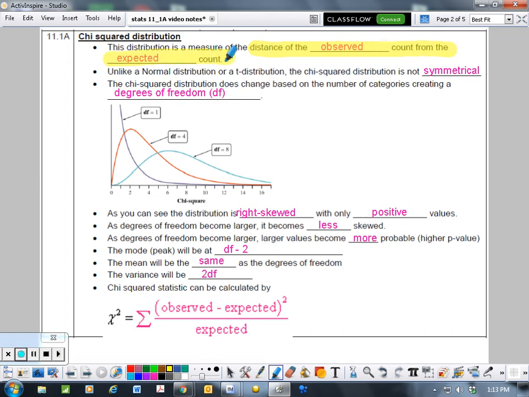Unlike a normal or a t-distribution, this distribution is not symmetrical. In fact, the chi-square distribution will change based on the number of categories, which creates the degrees of freedom. We're not going to be looking at the number in our sample anymore for degrees of freedom. We're going to be looking at categories for degrees of freedom.